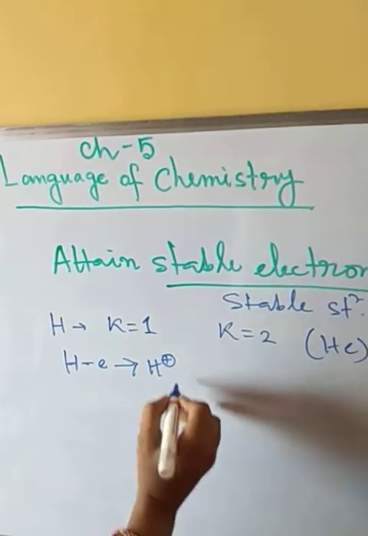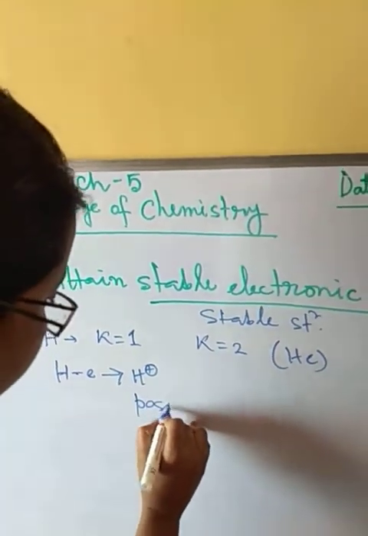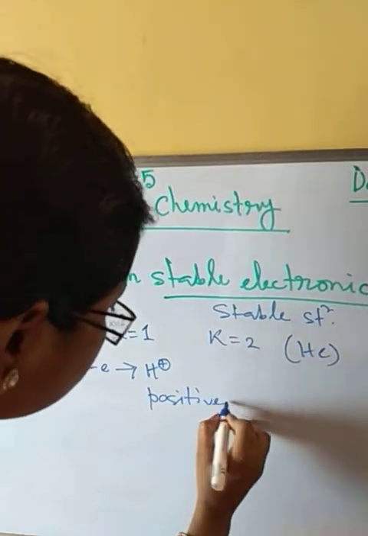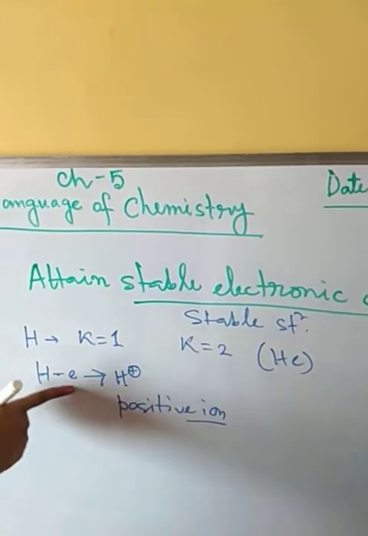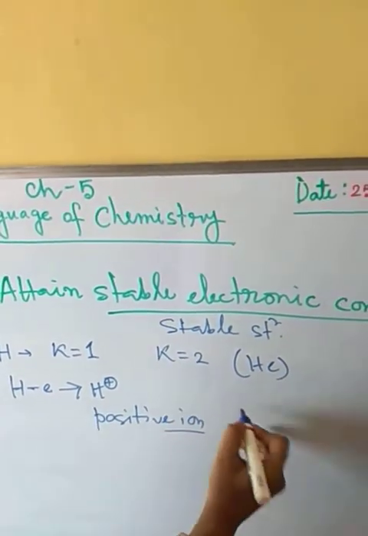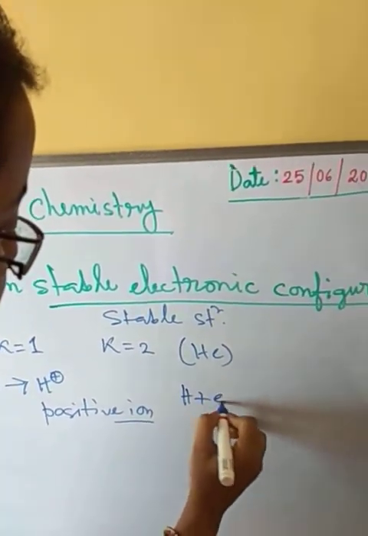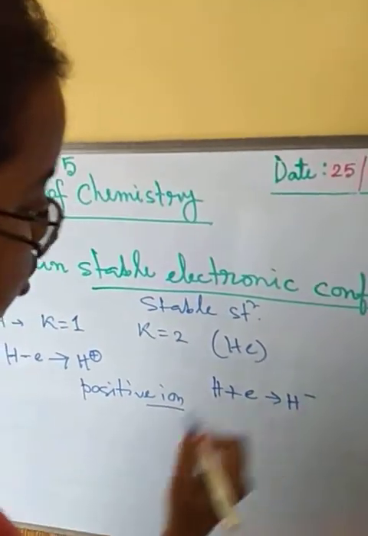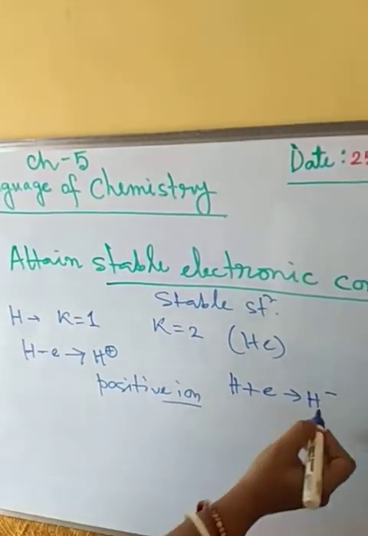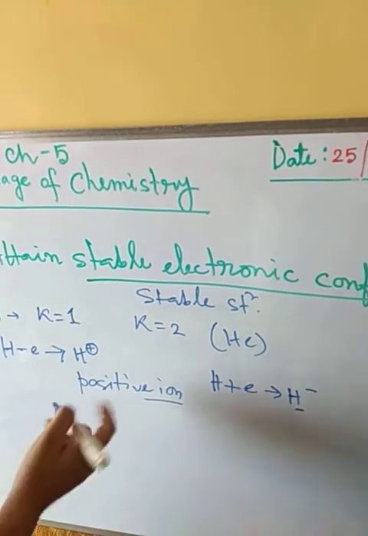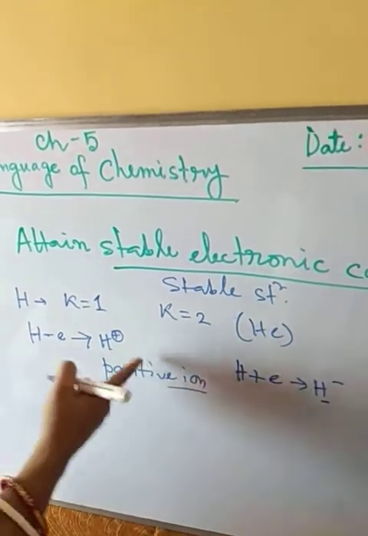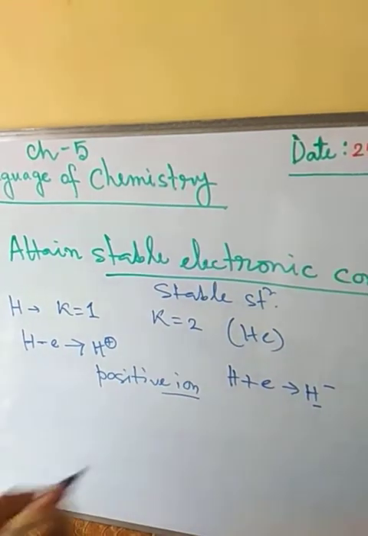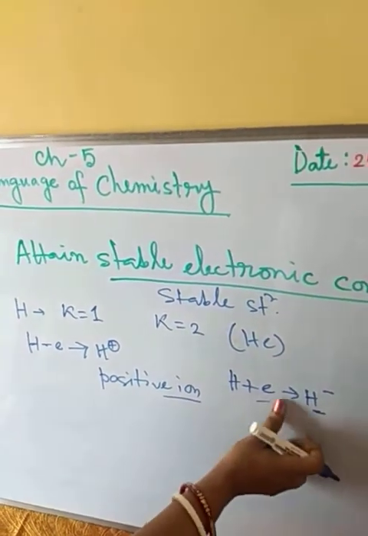This is a positive ion. Hydrogen can also capture 1 electron to form H minus. This is called hydride. But in most cases we will see that hydrogen forms the positive ion. So hydrogen can show both positive and negative.